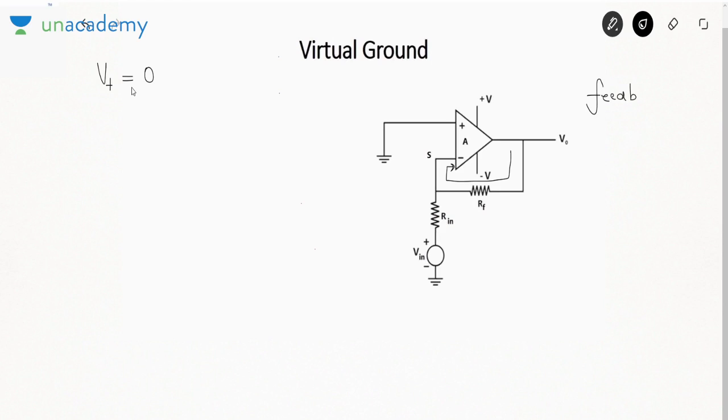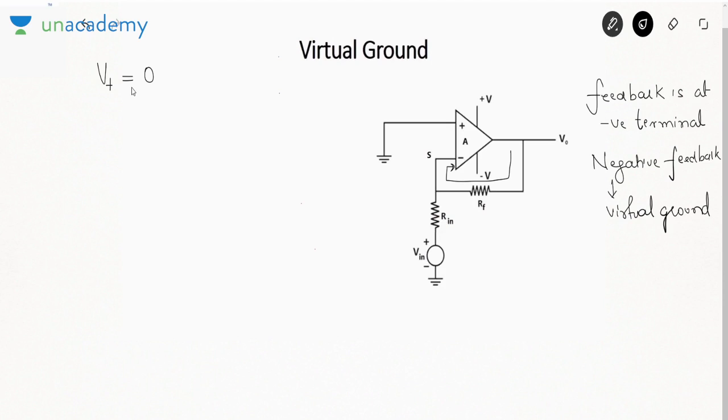So whenever feedback is at the negative terminal, it is called negative feedback. In negative feedback, what can we apply? We can apply virtual ground. Why can we not apply it in positive feedback? Because in positive feedback, the Opamp operates in the saturation region, and the basis of virtual ground is operation in the linear region. Now, by virtual ground, what do I know?